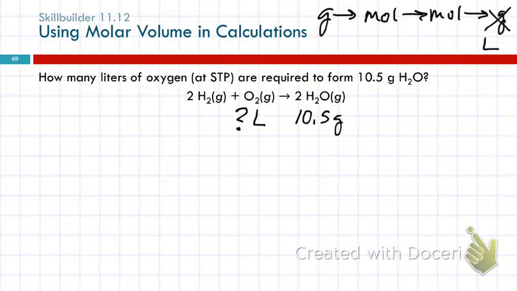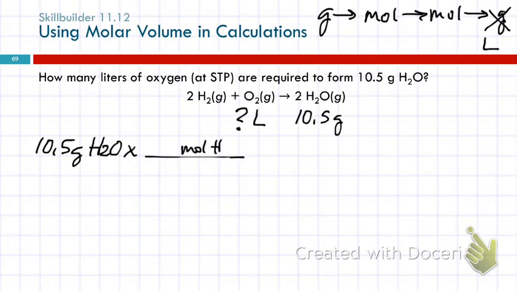But instead of needing to use the ideal gas law, we can use 22.4 liters per mole. So 10.5 grams of water, go to moles of water, go to moles of oxygen, go to liters of oxygen.